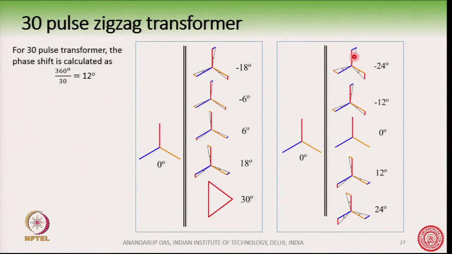So, this angle is for example 24, this angle is minus 24 degrees, and this angle can be minus 12 degrees, and you can see from the diagram here that the k1 and k2 ratios are changing. Here we have changed the sequence also, 12 degree, and so by observing this one you will be able to find out how much phase shift is required.